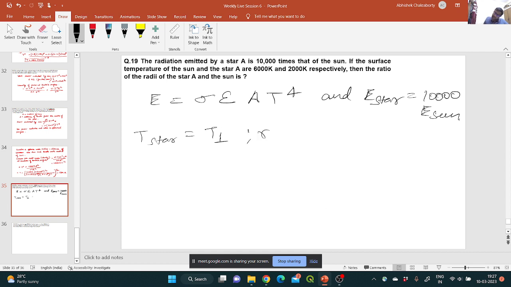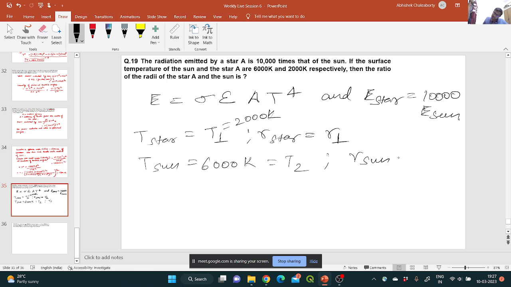R star, let's denote it as R1. T sun is 6000 Kelvin and T star is 2000 Kelvin. And R sun, let it be R2.